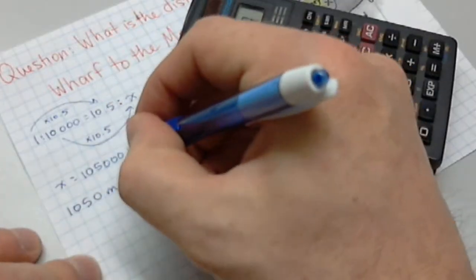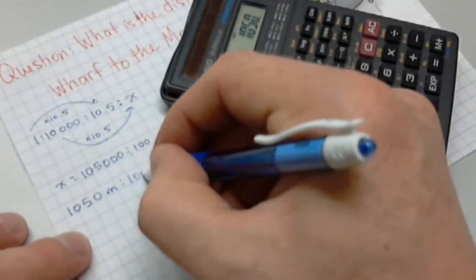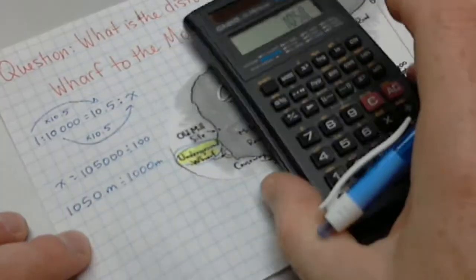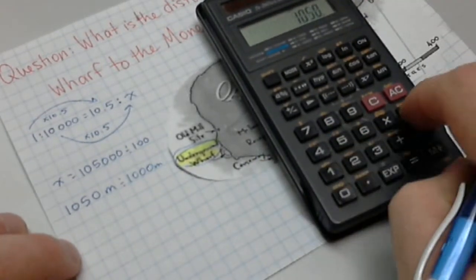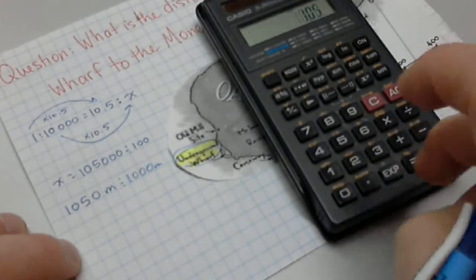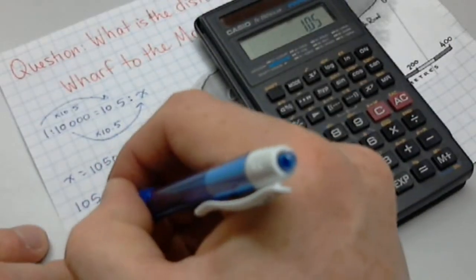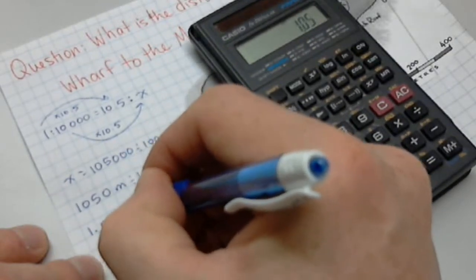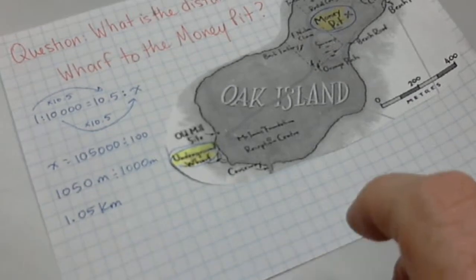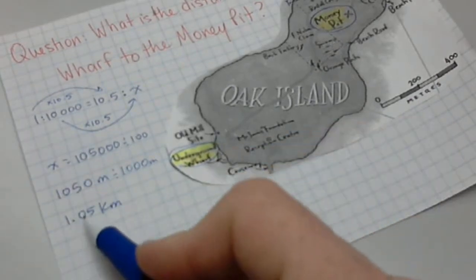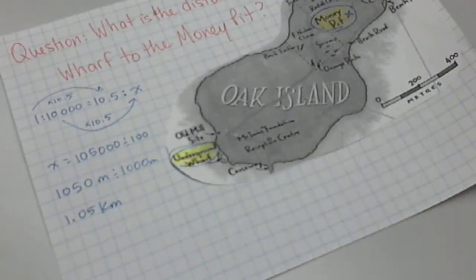We can also divide this number by 1,000, because that'll tell us how far the distance is in kilometers. So it's actually 1.05 kilometers. I'd probably say that 1.05 kilometers is the most appropriate answer for that.